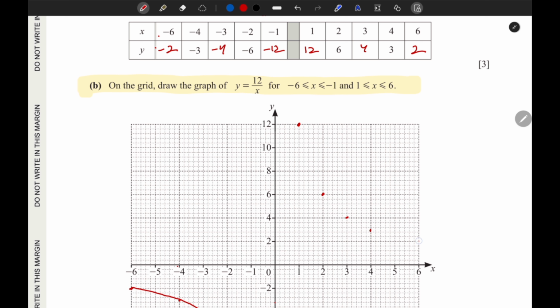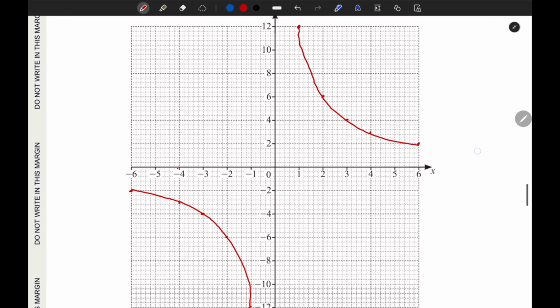And 6, 2 will be over here. Now again, joining them by hand. All these points should be joined carefully. So let's join it. Joining all the points, this is the type of graph that you will get.